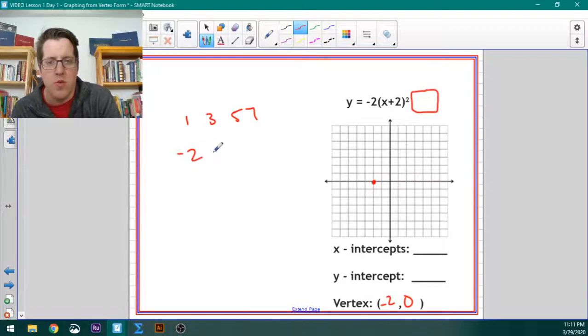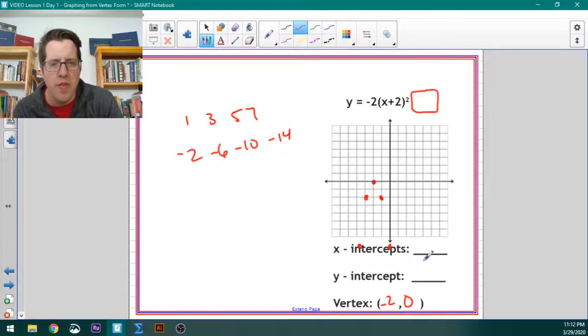So -2, -6, -10, -14. What that means is, as you step away from the vertex, you go over 1, down 2, back 1, down 2, over 1, down 6, and back 1, down 6.